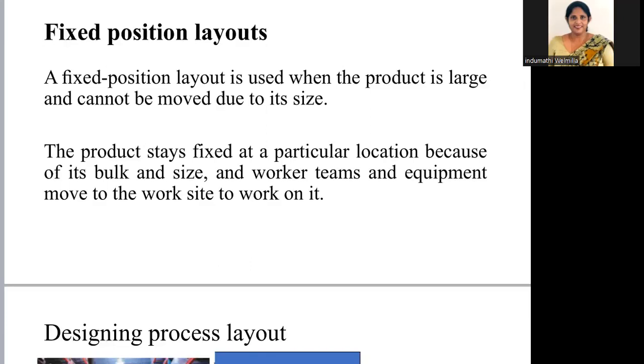If their task is building construction, and the organization builds big buildings, then they have to construct with the fixed position layout. That is the only layout method they have to use, right?